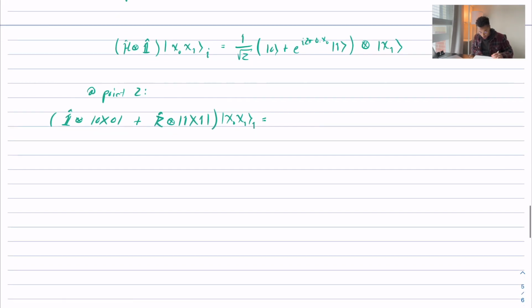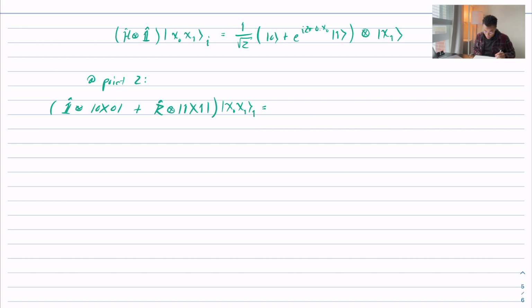And then we'll go ahead and write this out. And so what we end up getting is 2 terms. So we have the identity applied here. And the reason I've written it the way that I have is because the projection of the x sub 1 qubit on the 0 state is what's going to contribute to this term in particular.